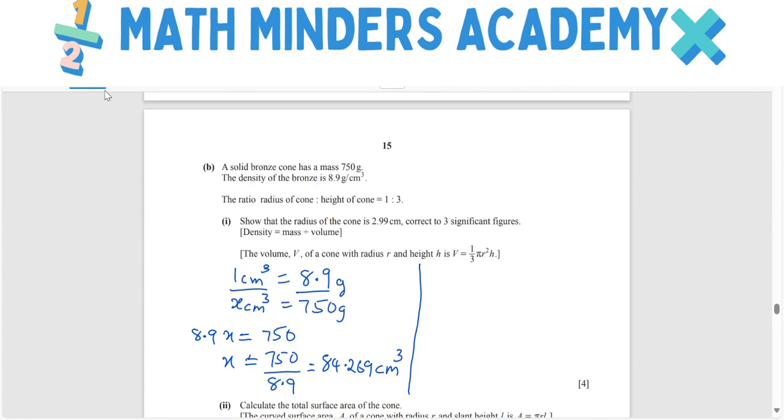Now, we are told here that radius to height is 1:3, all right? And so we can have r over h is 1/3. Since here we want to show that the radius is 2.99, we are going to create a relationship here. That means the height, if we cross multiply, is 3 times the radius, okay?